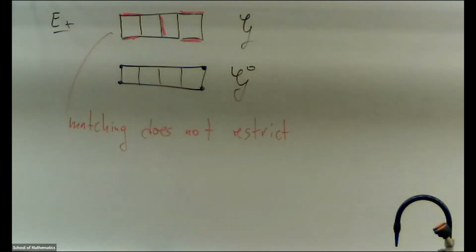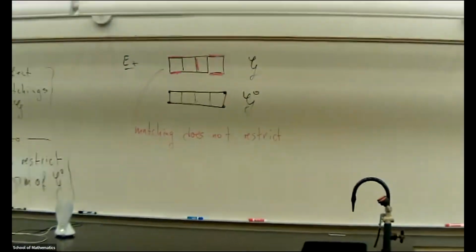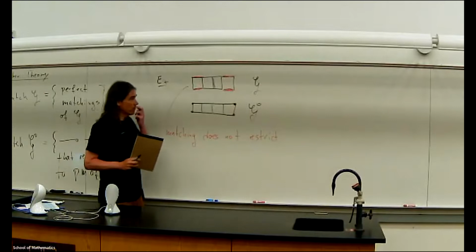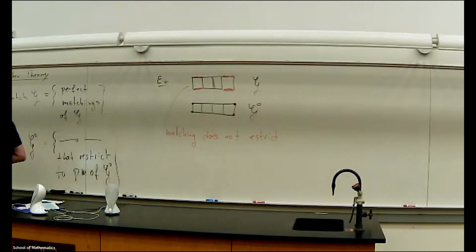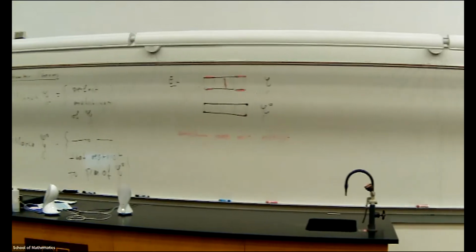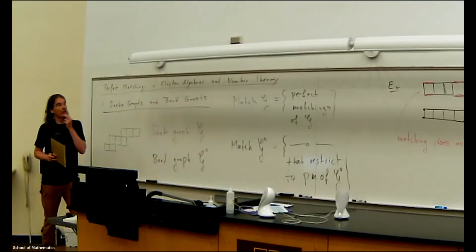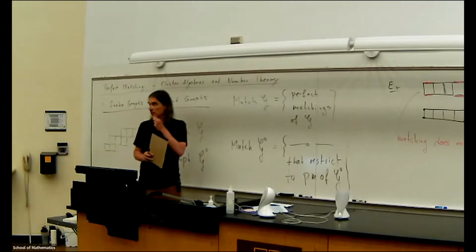So yes, the question is, should they contain the gluing edge? Well, if they contain the gluing edge twice, you are allowed to drop it. No, I don't think they have to contain the gluing edge. In this example, yes.